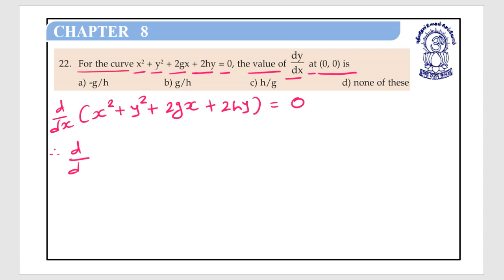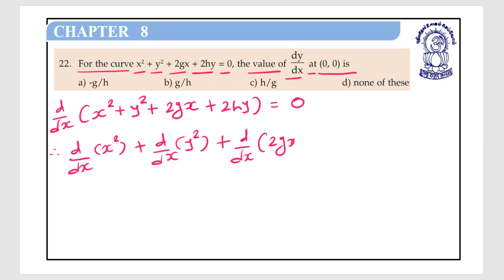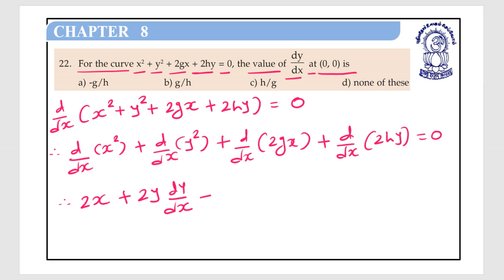So d by dx of x square plus d by dx of y square plus d by dx of 2gx plus d by dx of 2hy is equal to 0. So d by dx of x square is 2x. For y square, 2y, and write dy by dx, plus 2g common, dx by dx means 1, plus 2h common, dy by dx is equal to 0.